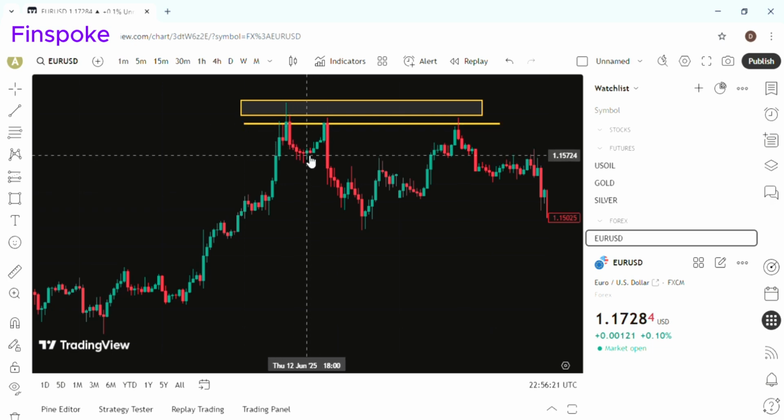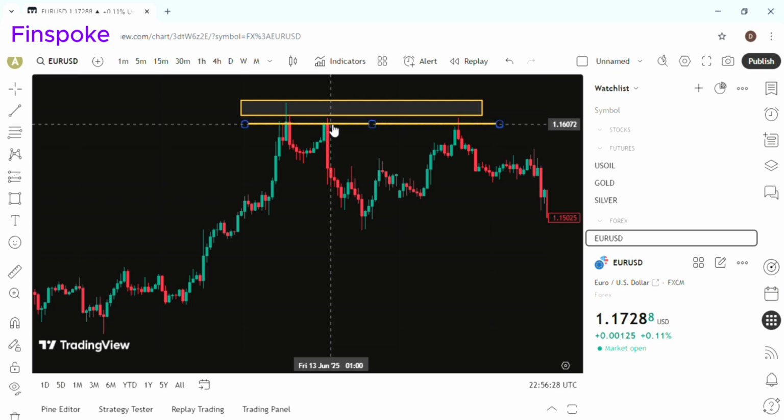They tried to push it again from here, but they could not. And you now saw this big momentum candle showing that the sentiment has shifted from the buyers to the sellers, and the price couldn't move up again.